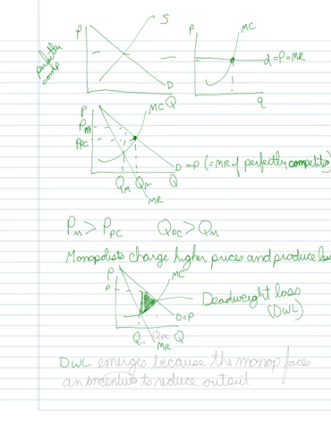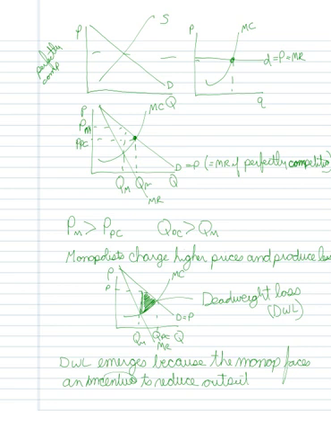The deadweight loss emerges because the monopolist faces an incentive to reduce output. That's what's determining the height of this triangle. It's basically the difference between QPC and QM.